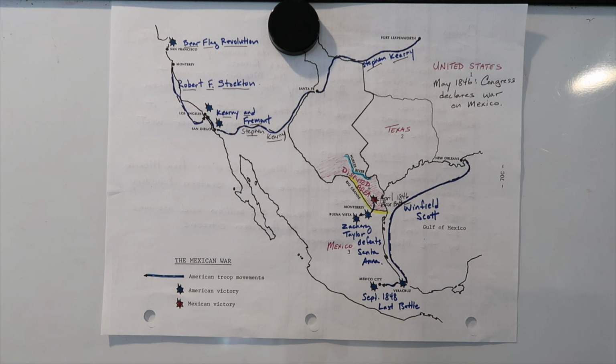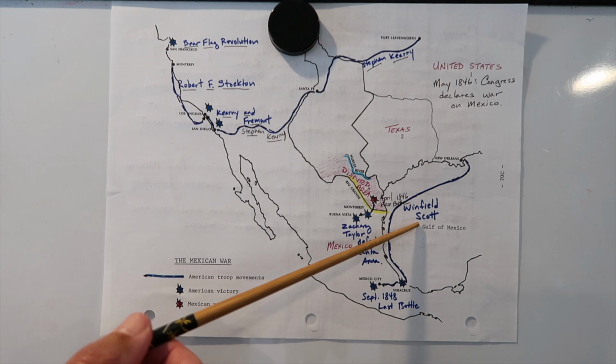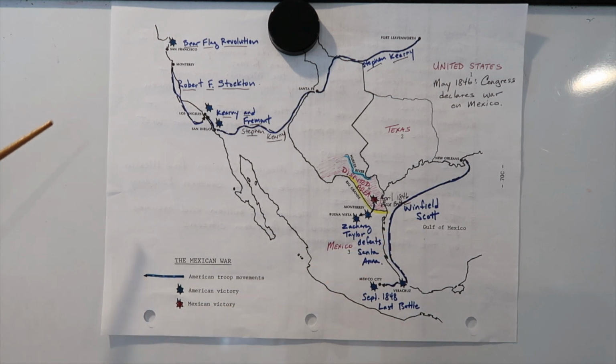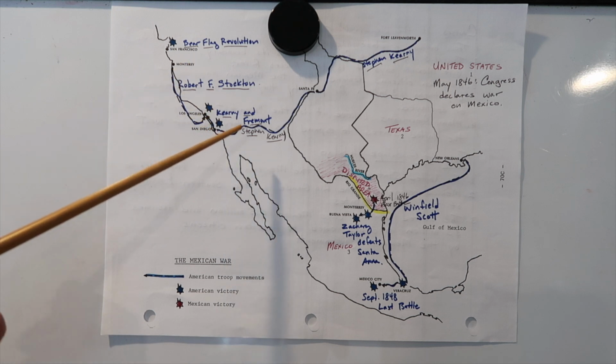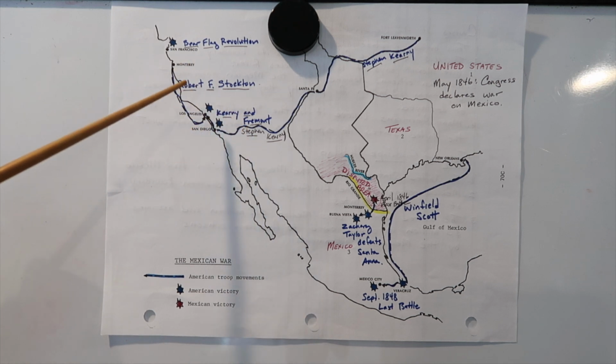So the rest of the map, this would be a great time for you to pause the video. It does need to have a key showing American troop movements, American victories, and Mexican victories, and have a couple of places labeled on here. Some of the important generals: Zachary Taylor, Winfield Scott, not a general but a leader, Stephen Kearny, John C. Fremont, Robert Stockton.